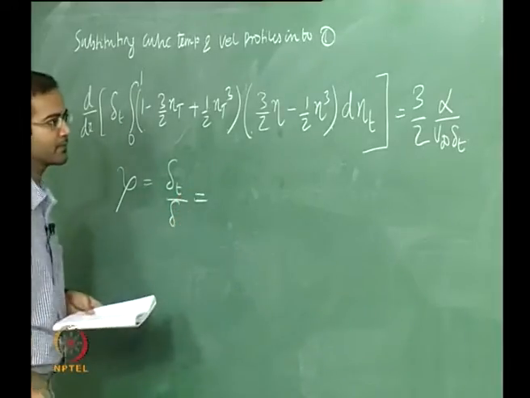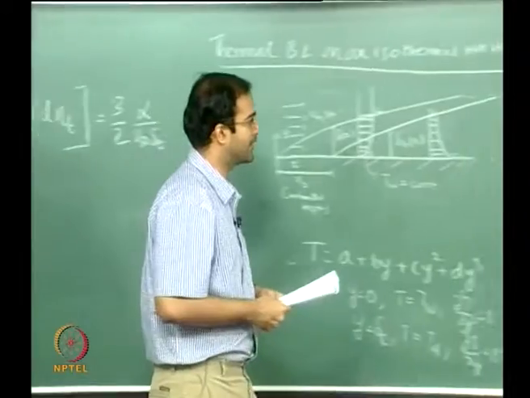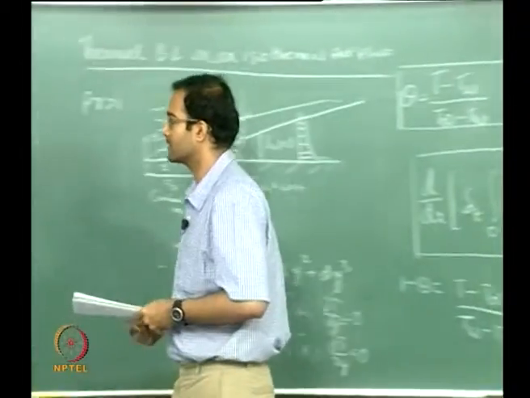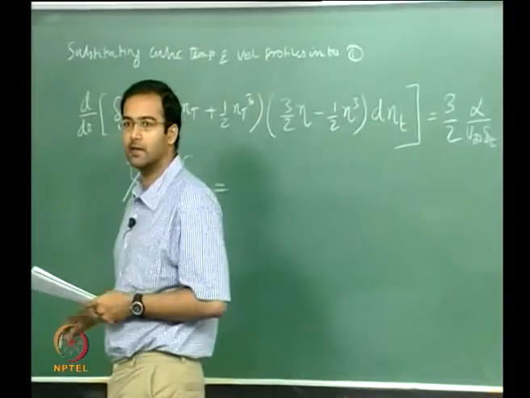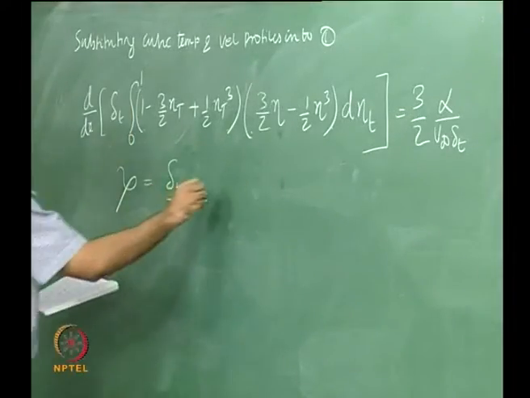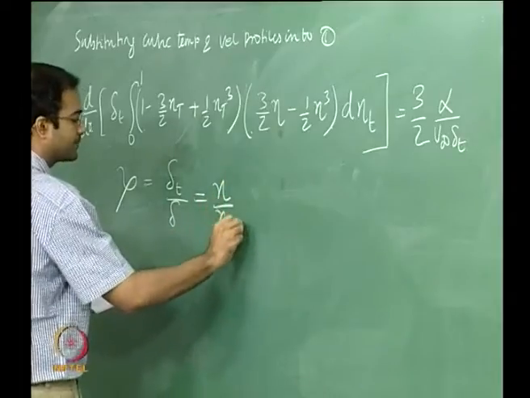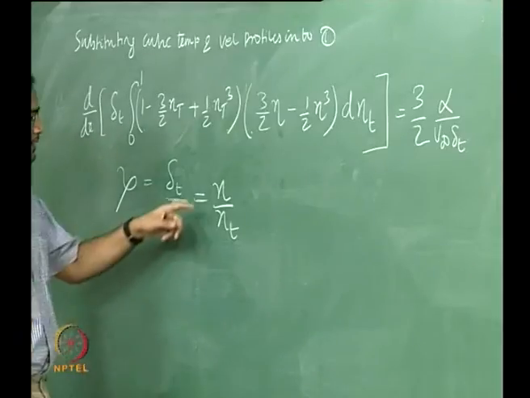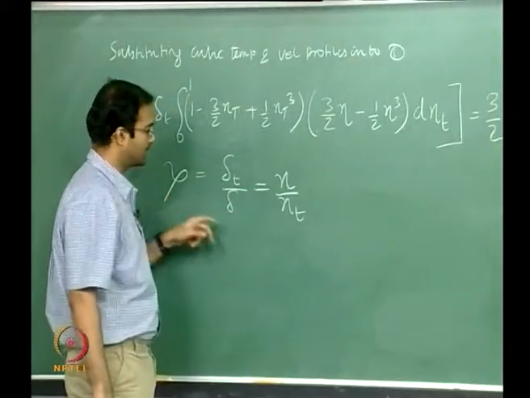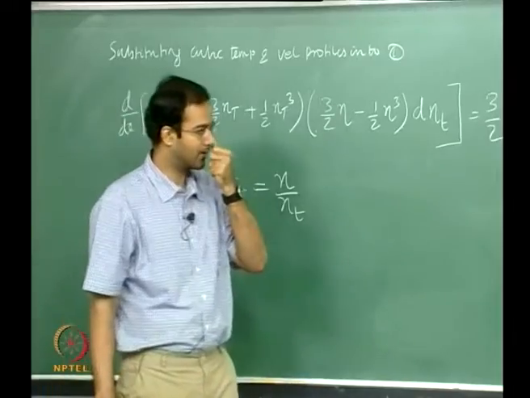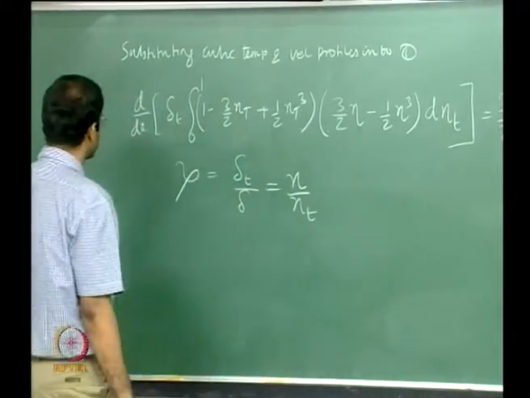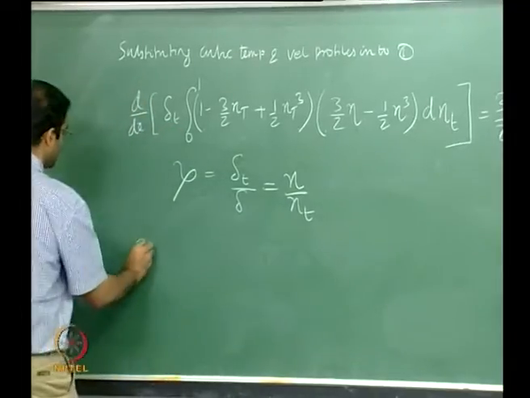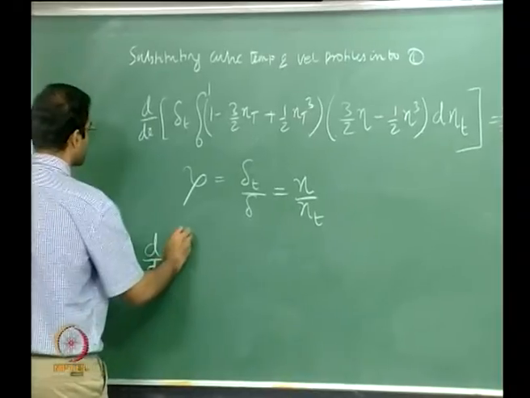Since I define eta as y by delta and eta t as y by delta t, you can also express this as the ratio of eta t and eta. So this will be nothing but eta by eta t. So now I can substitute eta as zeta into eta t. So this can be substituted into this and we can write this as d by dx.